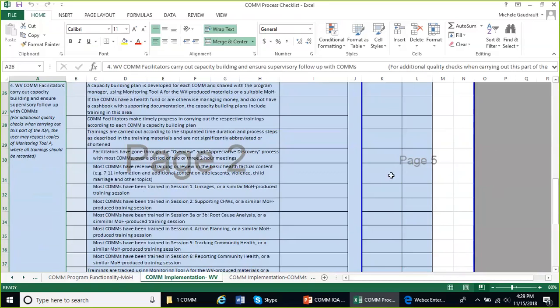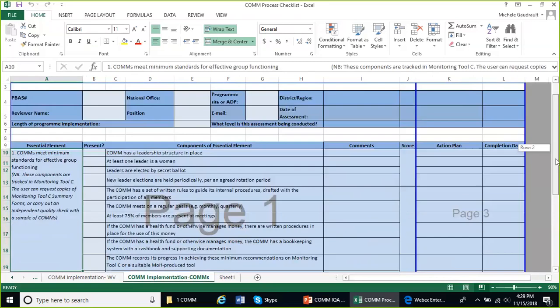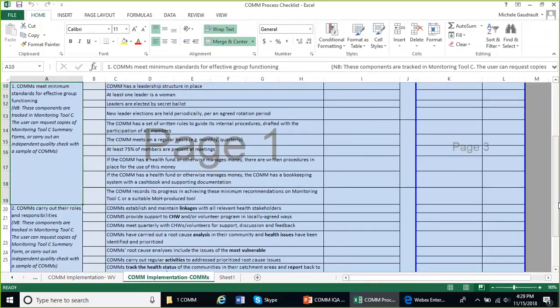When we go to the last tab, which is what the COMMs themselves do, tracking the COMMs' work in the communities, this is a 100% overlap with our monitoring system. So we have monitoring tool C that we use to collect data on what the COMMs are doing in the community, and it's part of our COMM monitoring system.